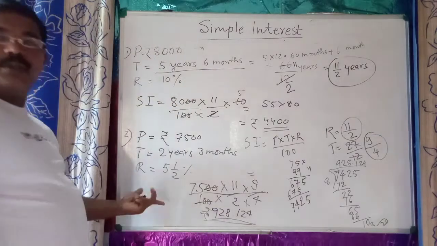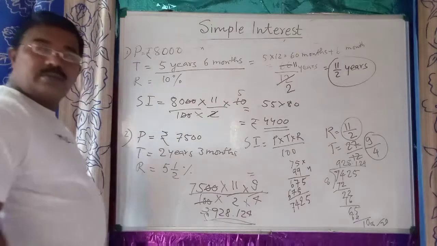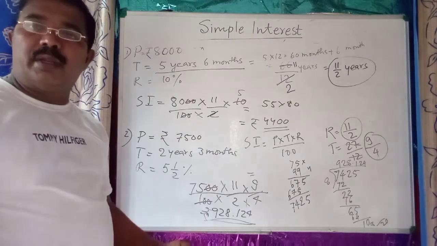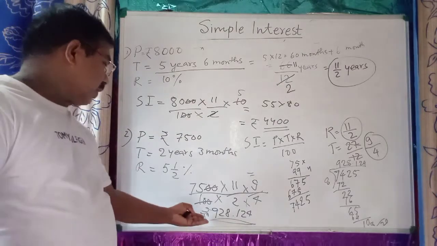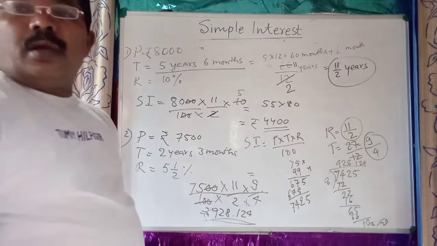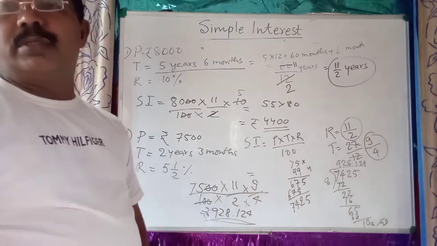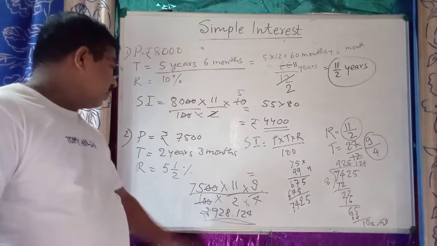In case of rupees, you don't want to write this decimal part because paisa has no meaning at all nowadays. So you can write 928 rupees. Or in round off, you can write 929 rupees. Yeah, that is the correct answer.